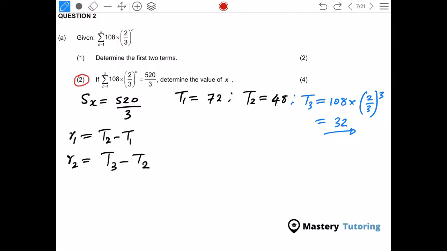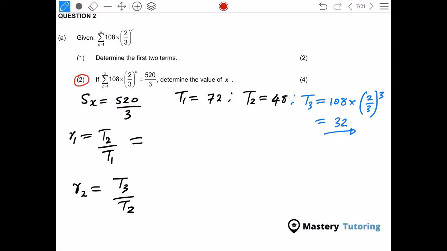I'm solving the question using one method and writing another, but they don't go hand in hand. This is what you would apply if we were trying to find out if this is arithmetic. But because we're testing for geometric, we need the ratio between these two: term number 2 over T1, and then T3 over T2.